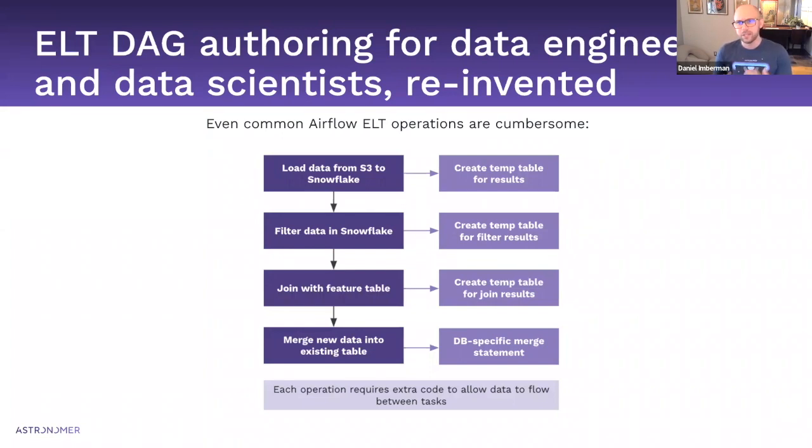You either need to be populating pre-existing tables, or you need to manage creating temporary tables for every step in that process. So you're loading data from S3 to Snowflake, that's a temporary table. You're filtering it to get rid of the null values, that's another temporary table. And that can get quite cumbersome, both in terms of cleanup and in terms of how the actual SQL queries end up looking. So we wanted to simplify that.